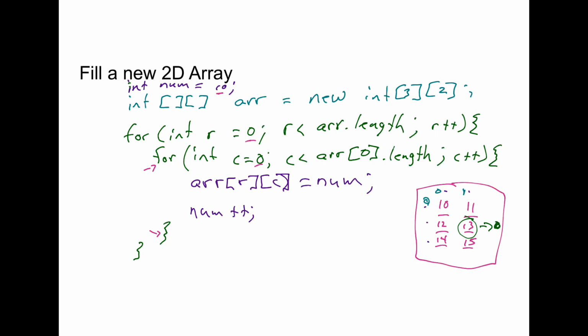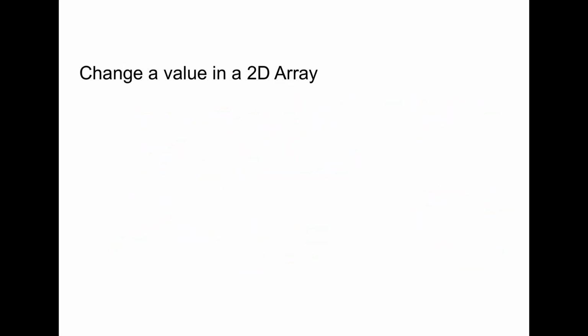So this would be array at row 1, column 1. So my array at 1, 1. And we're just going to give it a new value. So equals 0. And we're just assigning it a new value and saying, hey, it's now 0. And that'll change that to 0. So that's very easy as far as that goes.